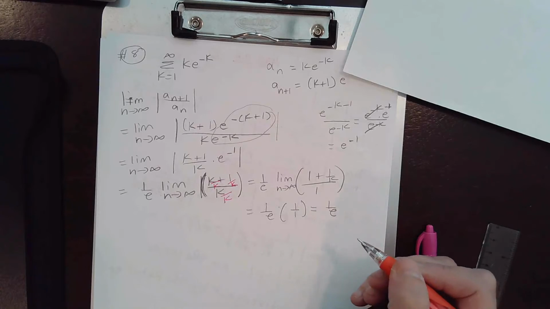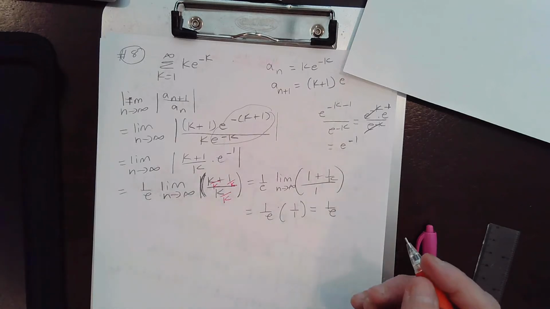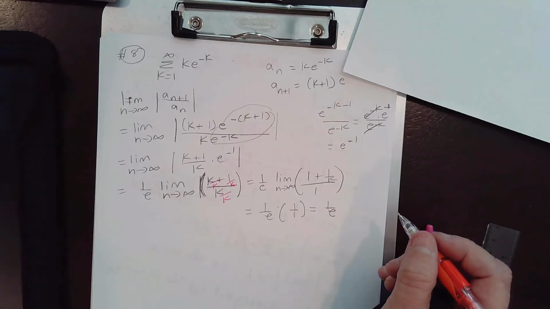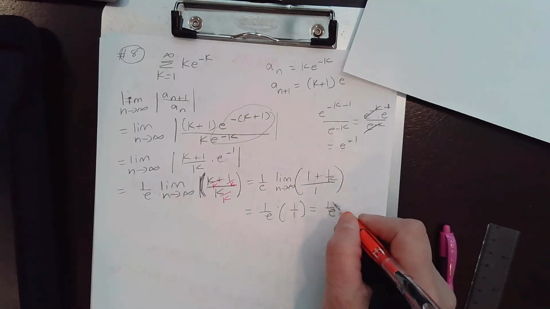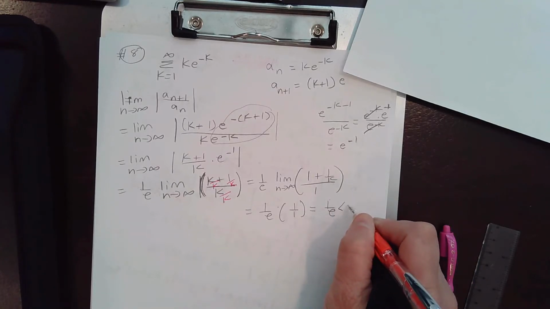Now if you remember what e is, right? So 1 over e is going to be less than 1, right? So e is simply 2.71 something. So 1 over 2.71, this is going to be less than 1.